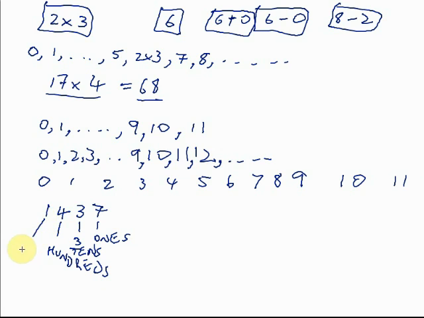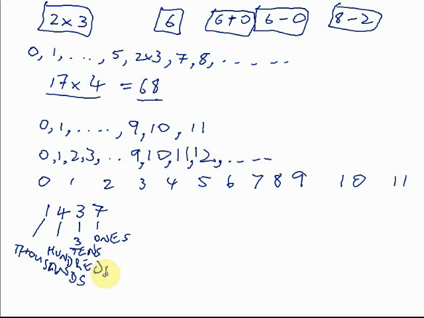And those are thousands. So 1437, another way of putting it, is 1,430, which is 3 tens, 7 ones, 37.